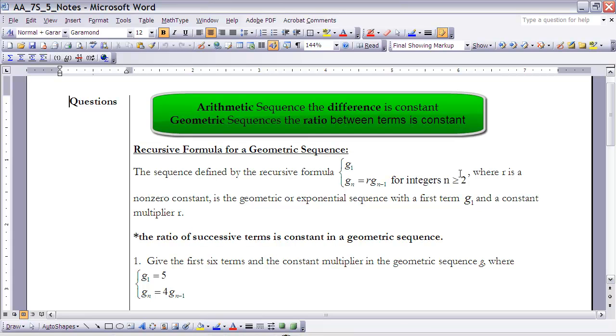However, in a geometric sequence, it's not the difference that remains constant, it's the ratio between successive terms. So if I look at g sub 2 and g sub 1, there's a constant ratio between those two terms. That constant ratio represents our r value.